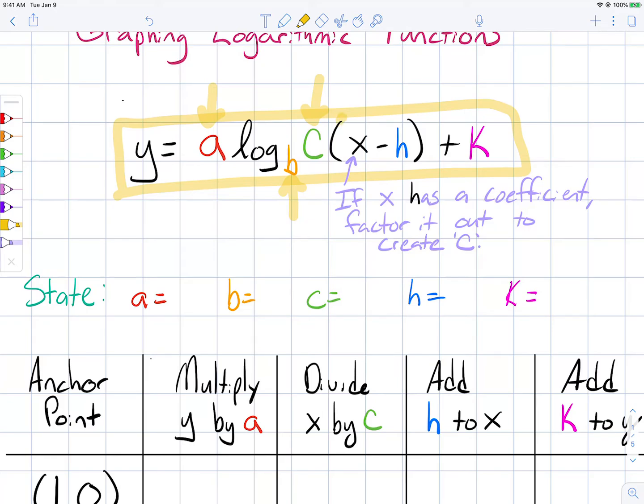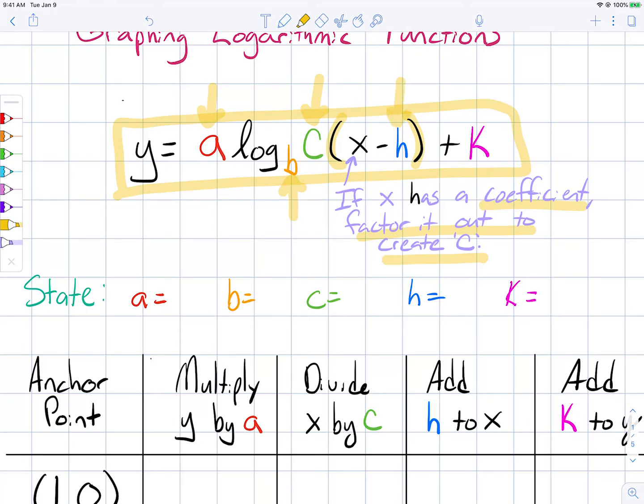Inside the parentheses, we need to make sure that it just starts off with x. So this little note here says that if x has a coefficient, you're going to factor it out to create that c number. We always want x to be by itself in the parentheses. This part looks very much like the quadratic functions formula and the absolute value formula.